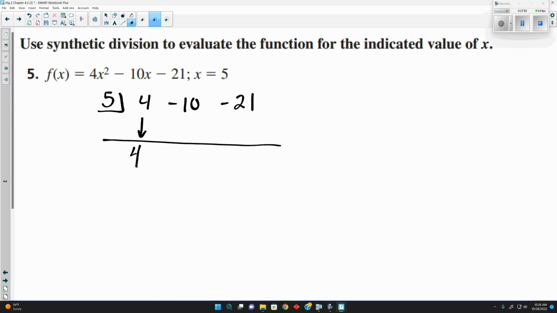In some ways, almost evaluating it this way is about as fast, if not a little bit faster, than trying to plug it into the calculator. So for this one here, we bring down the 4. 5 times 4 is negative 10 plus 20 is 20 minus 10 is 10. 5 times 10 is negative 21 plus 50.